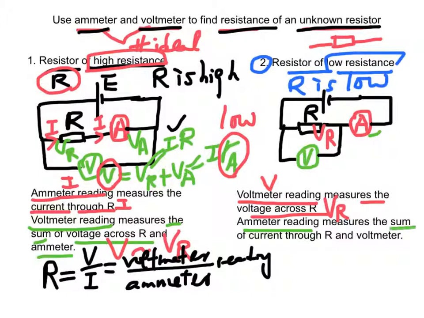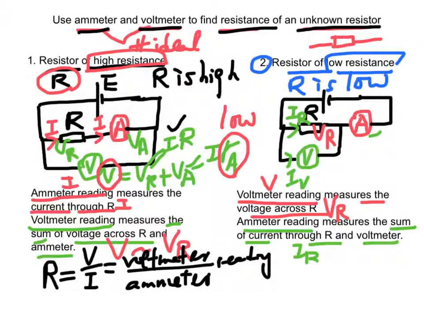measures the sum of the current through R, which is IR, and the current through the voltmeter, IV. That means the ammeter reading will be equal to IR plus IV.